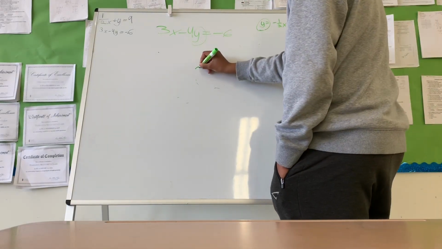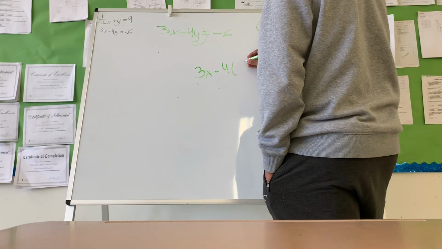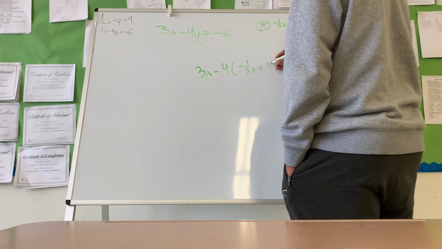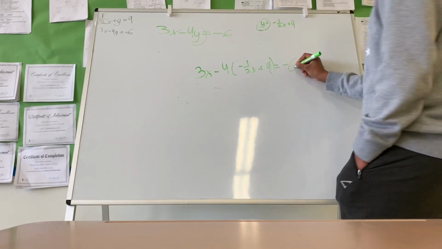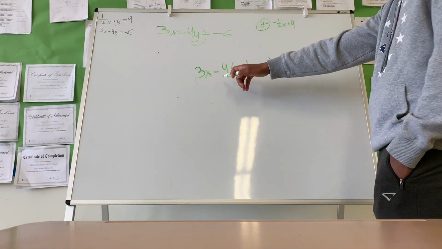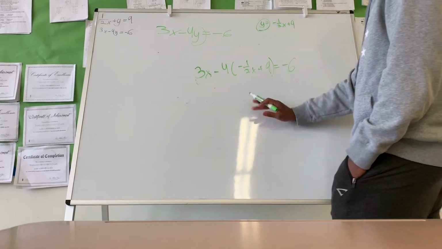So you would get 3x minus 4, parentheses, negative 1/2 x plus 9 equals negative 6. Next, you solve it, you need to distribute the negative 4 into the parentheses.